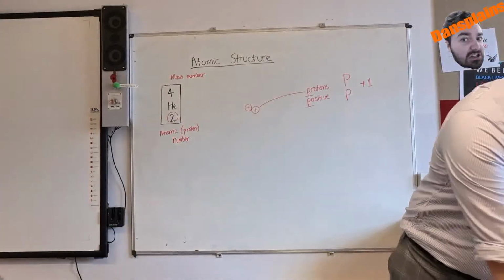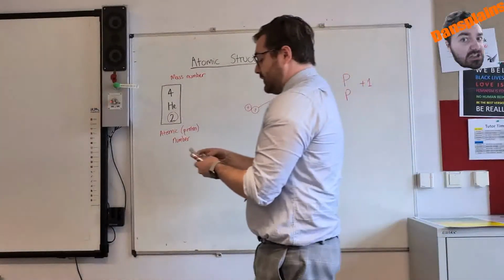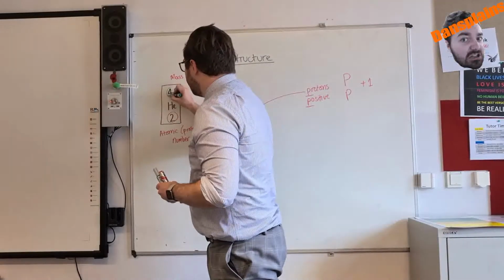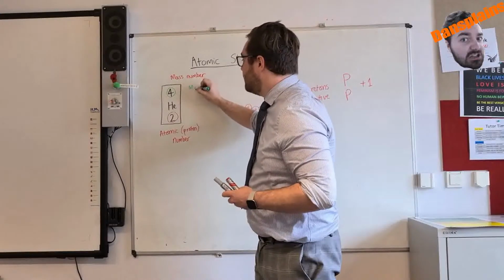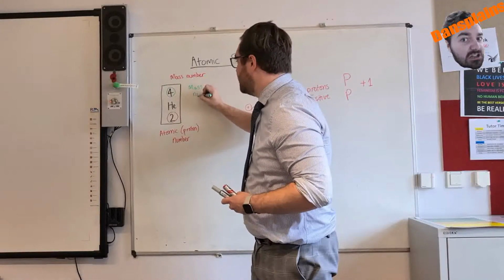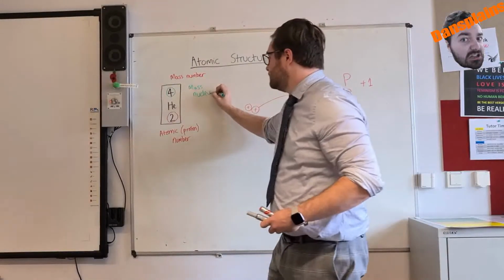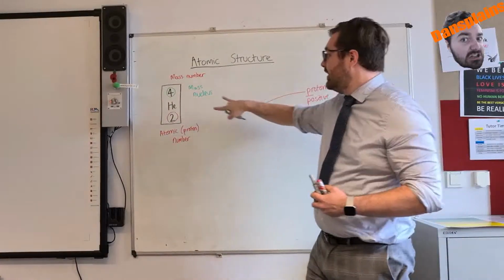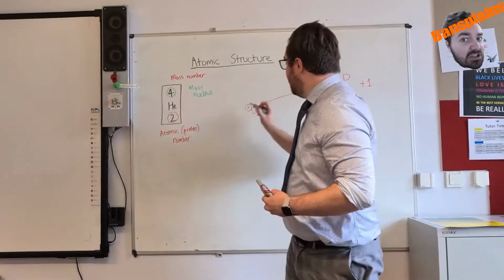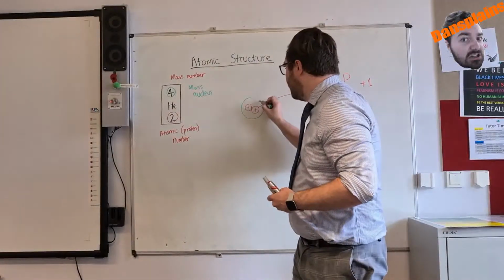Which brings me very quickly on to my next number, my mass number. Now the mass number is actually the mass of the nucleus. Now if I have 2 protons in my nucleus, and then it's 4, I need another 2 particles in there.